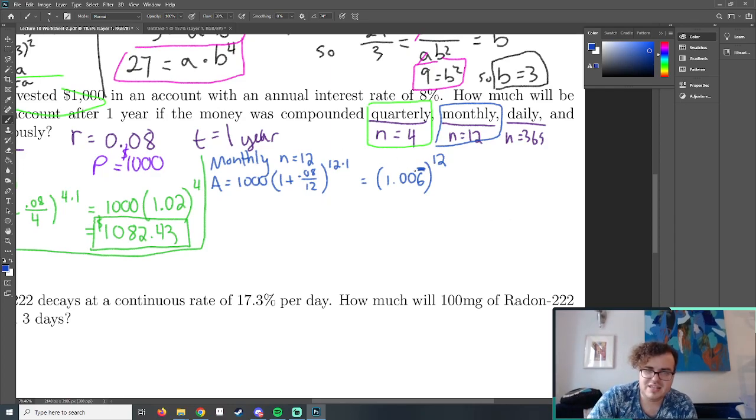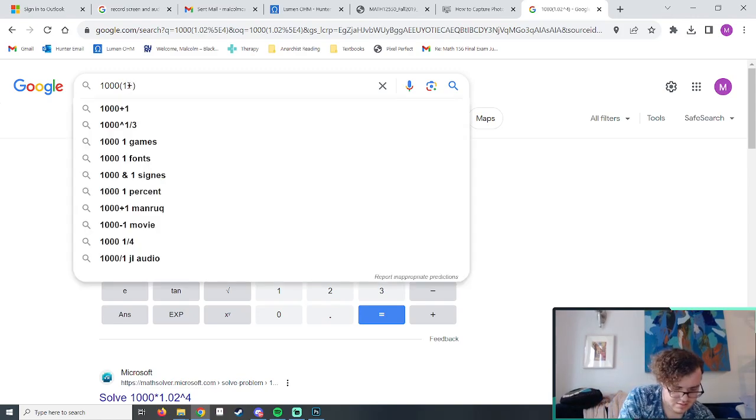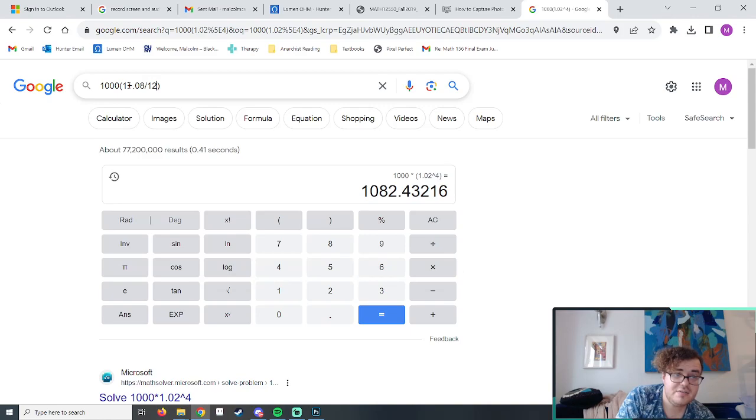If you don't want to type in this, which you shouldn't type that into a calculator, what we can do is actually just keep that as 0.08 over 12. So if you look over here, I can go 1 plus 0.08 over 12.